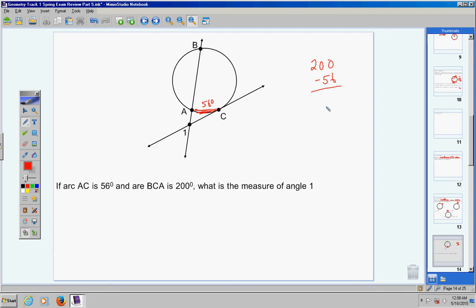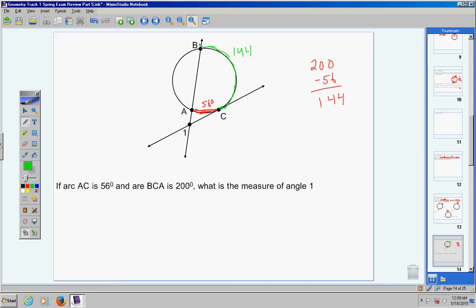When you do that, you're going to be left with 144 degrees. So now I know the measure of arc BC. Now the measure of arc BC is 144.